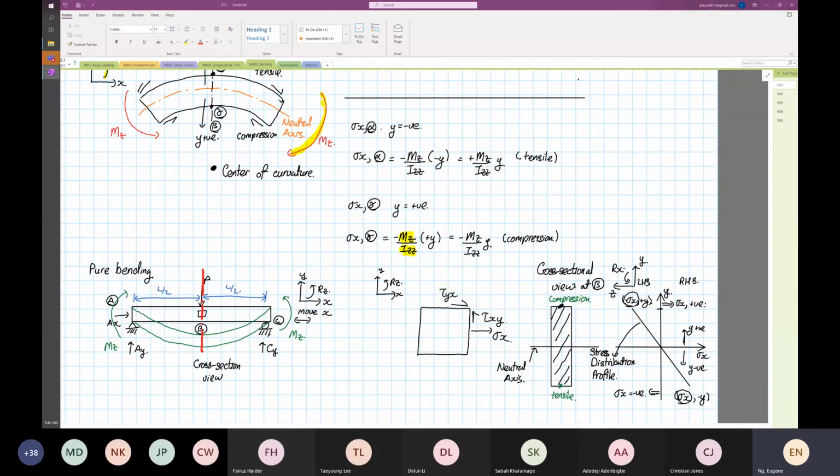Now there are arrows that we have to draw, and this arrow is not difficult to sketch. You just need to understand something. Let's do the compression first. In compression, the arrow will push towards the y-axis.